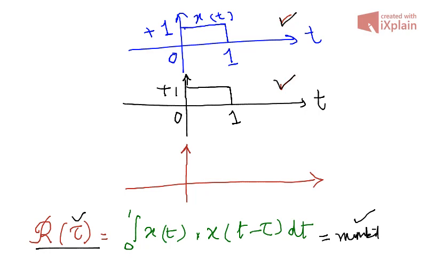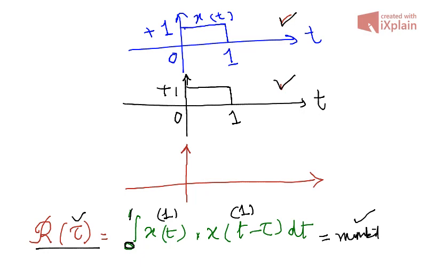Now when tau is 0, it is actually the product of x of t with x of t, and if we find this product, this is 1, and this is also 1, from 0 to 1. So both the values are 1, and 1 multiplied by 1 is 1.